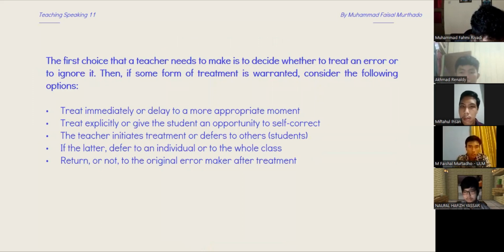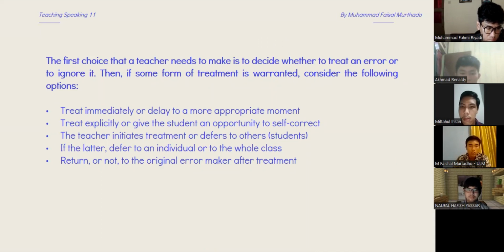The first choice that a teacher needs to make is to decide whether to treat an error or to ignore it. Then, if some form of treatment is warranted, consider the following options. First, treat immediately or delay to a more appropriate moment. And then treat explicitly or give the student an opportunity to self-correct.